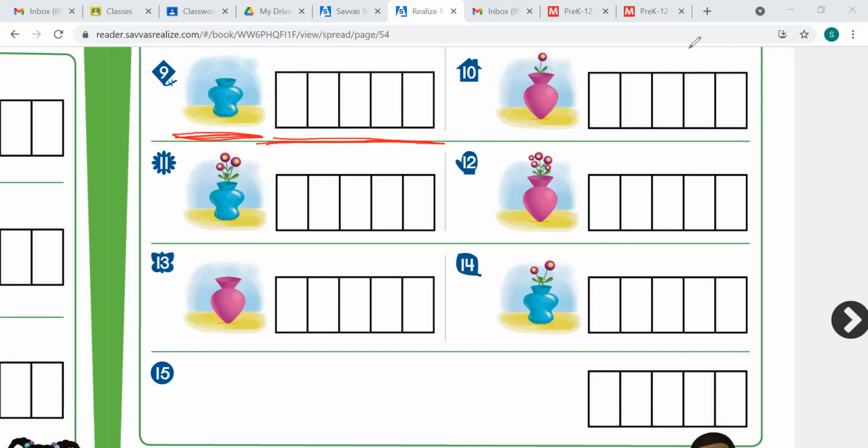That's going to show how many. You can look at each vase and see how many flowers are in there. Make sure to put a line through each flower and color the correct number of boxes. Remember, if you don't see any flowers, are you going to color in any boxes? No, you're not because you're showing 0.